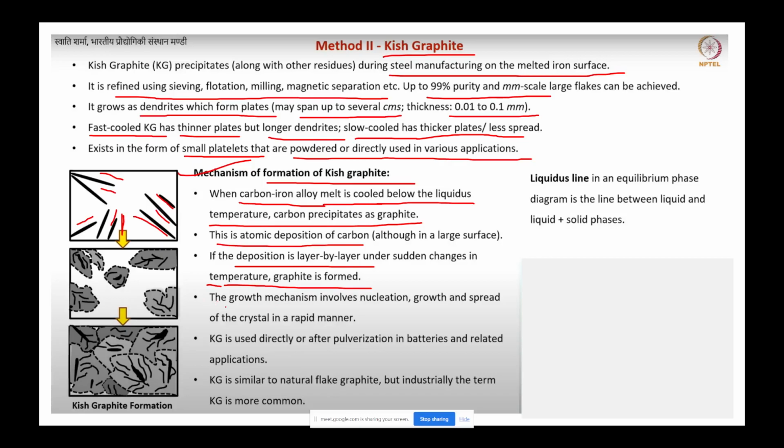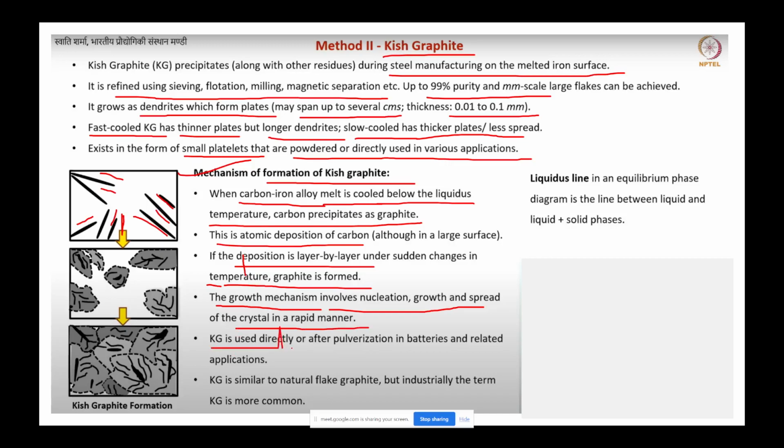As for the growth mechanism, in any nucleation and growth, after it starts forming, it also needs growth. So it involves nucleation and growth. Firstly it will start to nucleate, then it will grow, and then it will spread all around to form a bigger crystal in a more rapid manner.